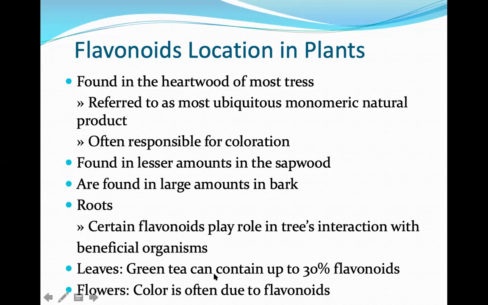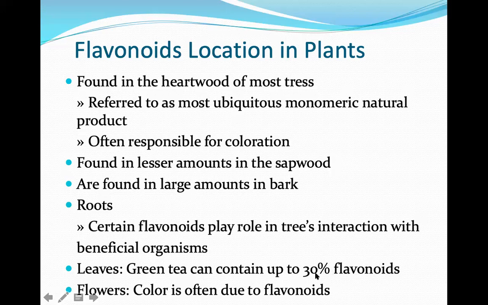Leaves of green tea can contain up to 30% flavonoids. So if you are asked for an example of plant leaves which contain a high amount of flavonoids, the most important example should be the leaves of tea. Green tea contains up to 30% flavonoids in dry weight.